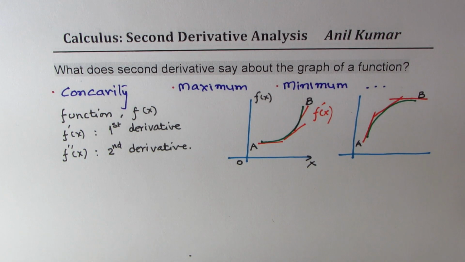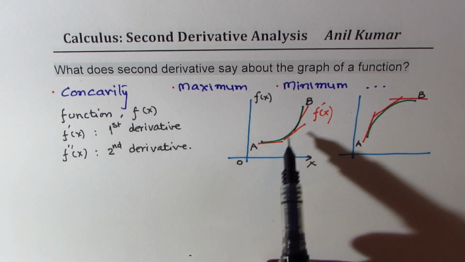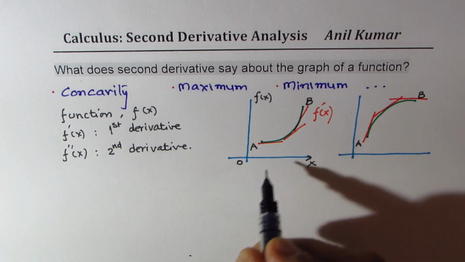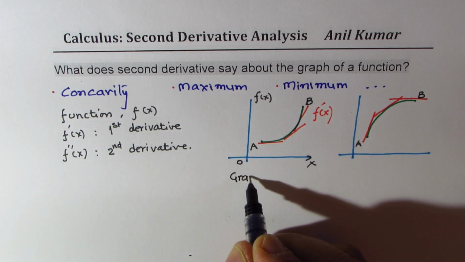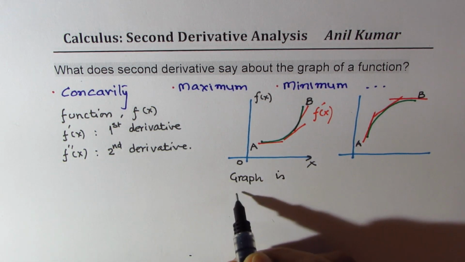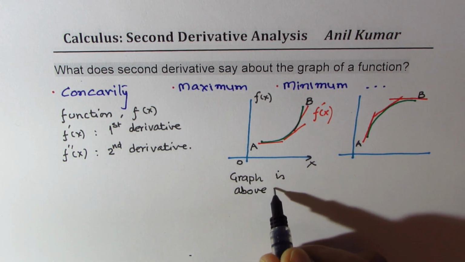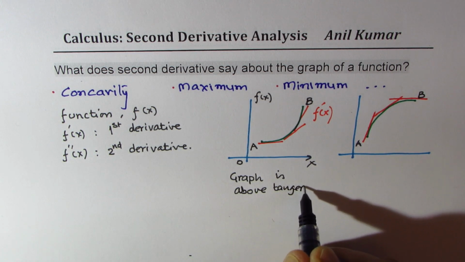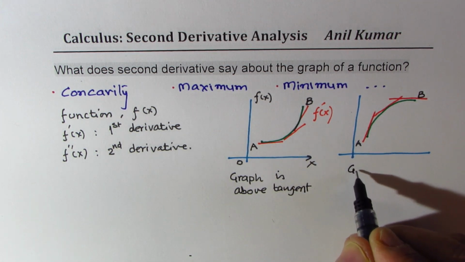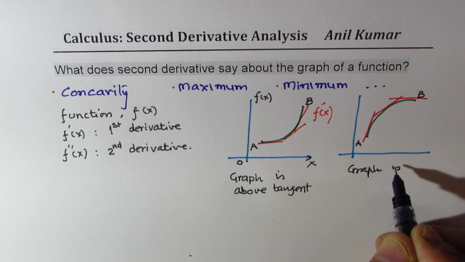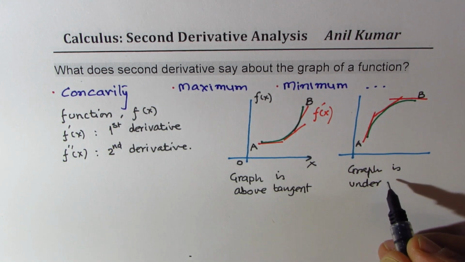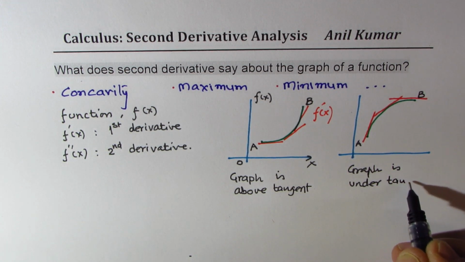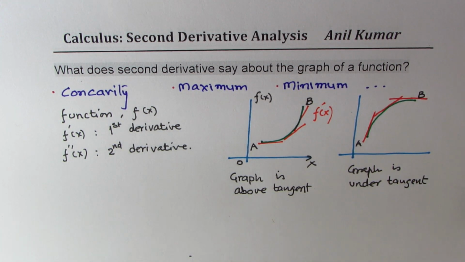Now what you notice here is that in the first case, the graph is above the tangent, right? And in the second case, the graph is under, or you can say below, the tangent line. So that is one huge difference between the two.